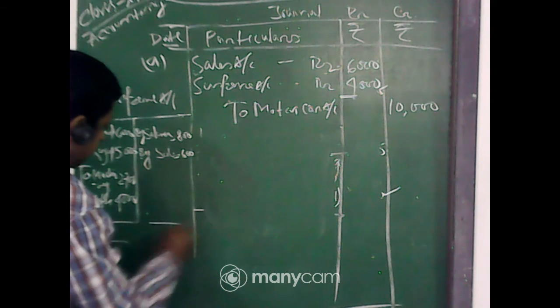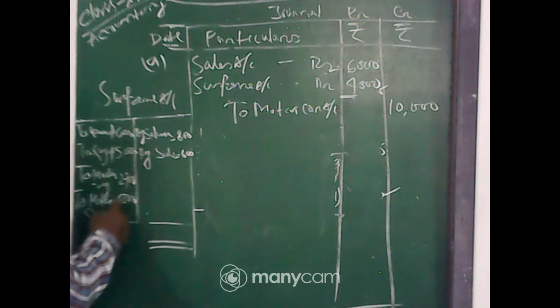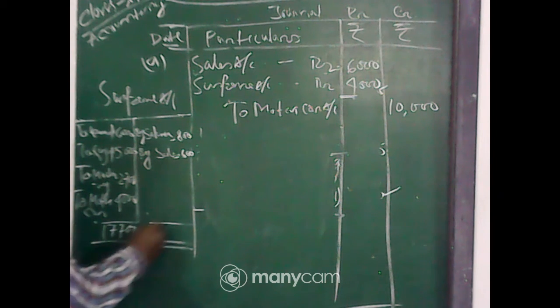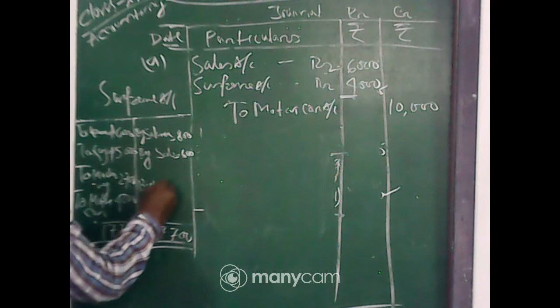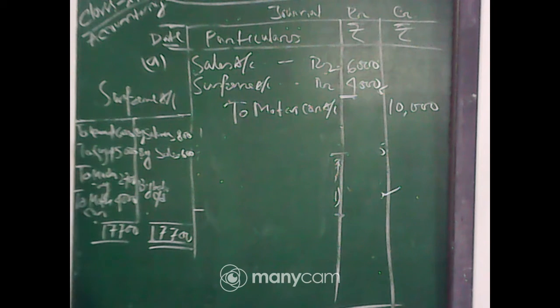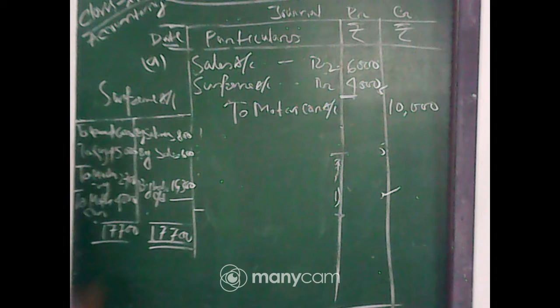Now total it. What will be the total? 10, 15, 17,700. The total is 17,700. Now by balance c/d, the amount is 16,300, as already given in the question. This is the suspense account difference, the excess debit.